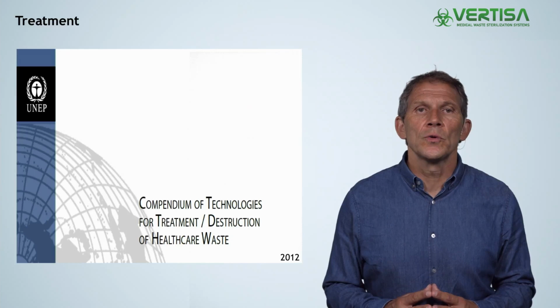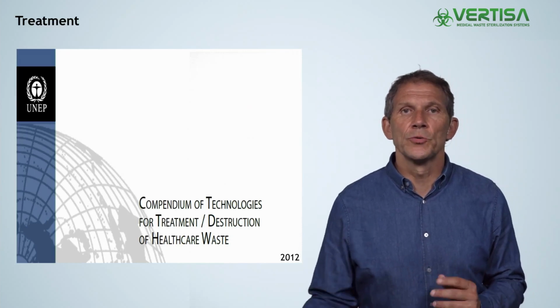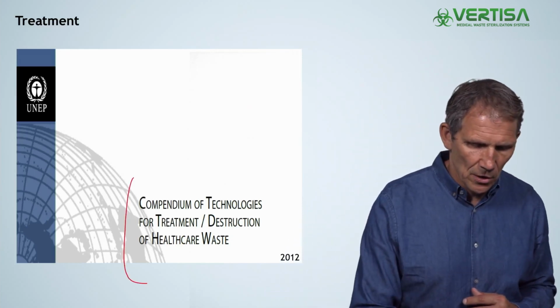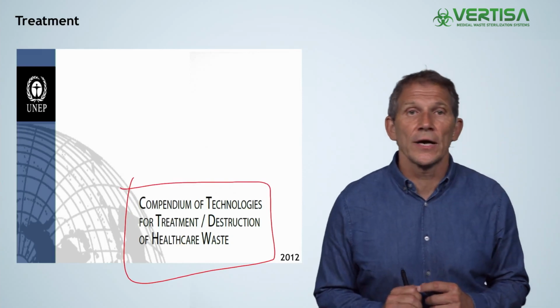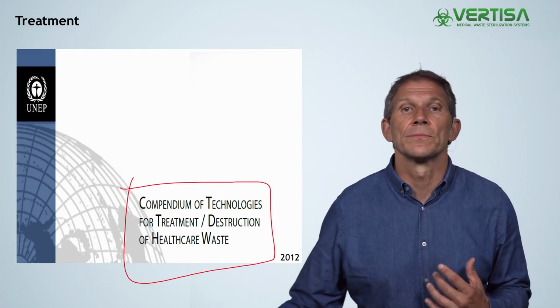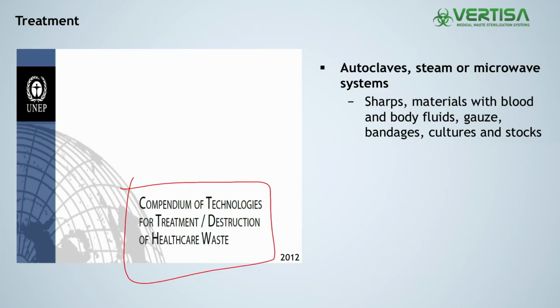A good overview is given in this document from UNEP on technologies for treatment and destruction of healthcare waste. The most common types of treatment technologies are autoclaves, hybrid steam-based treatment systems, or microwave treatment technologies.